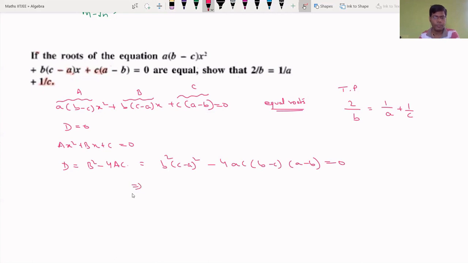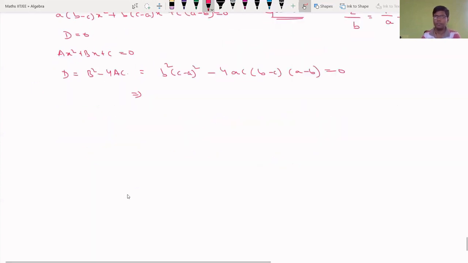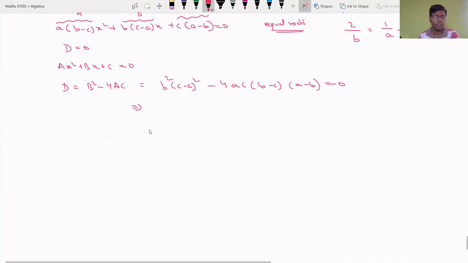Okay. So let me expand it. So this will be b square c square plus a square minus 2ac minus 4ac. If I multiply them, I'll get ab minus b square minus ac plus bc is equal to 0.